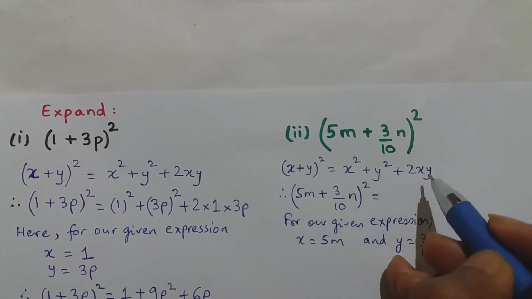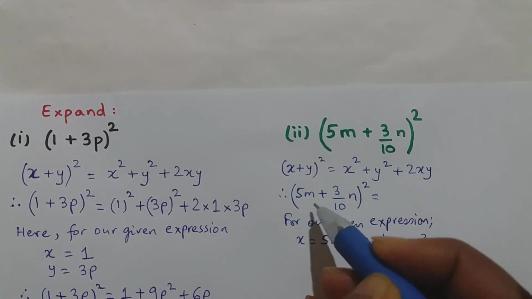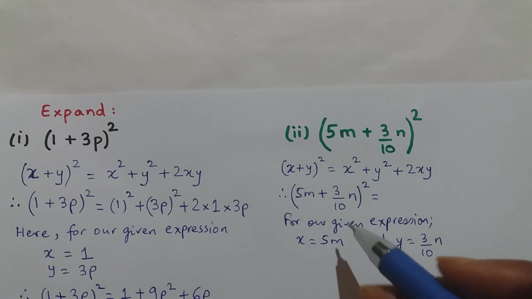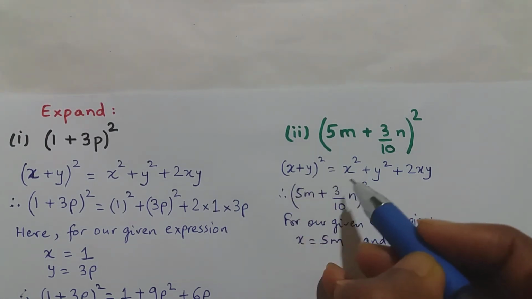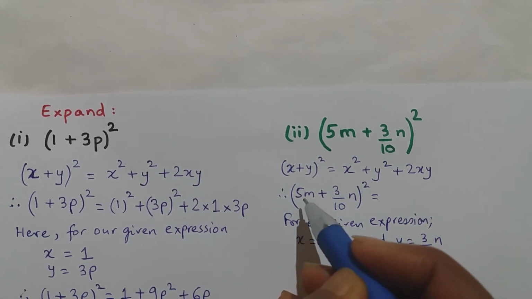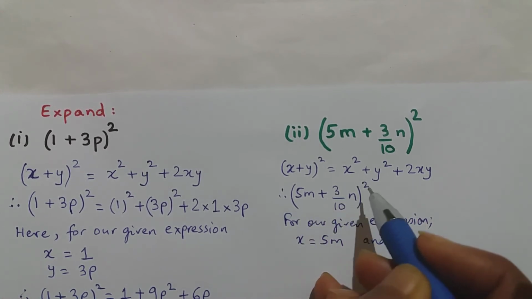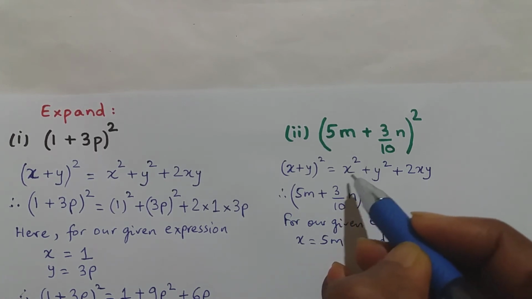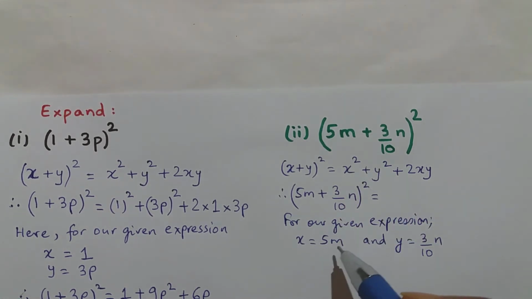And now we will use this to expand our given expression. So we know (x plus y) whole square is x square plus y square plus 2xy, and we have been given (5m plus 3 by 10 n) whole square. So that is equal to, now x square, we know that x is 5m.